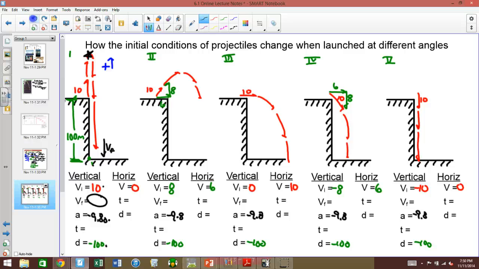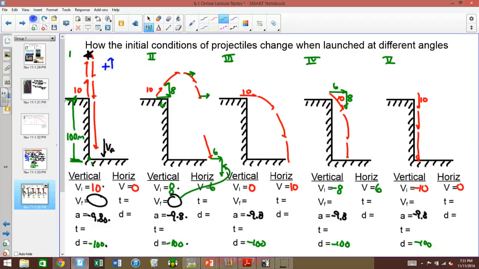Over here, if you solved this one, you use these 3 guys and you solve for the final velocity. When this guy strikes the ground, it's moving forward and it's moving down. This final velocity is going to be this piece, and it's going to be moving forward at 6 because remember it moves forward at a constant speed. Same with this guy over here in case 3.